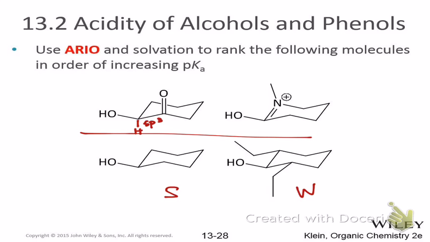So the pair of electrons that would develop on that oxygen aren't able to delocalize to the other oxygen. On the other hand, this pair, that's that allylic lone pair pattern again, can do that. Okay? So because it can delocalize charge and put it onto that nitrogen, it's going to be a much stronger acid. So here I have stronger on the right, and on the left I have weaker.